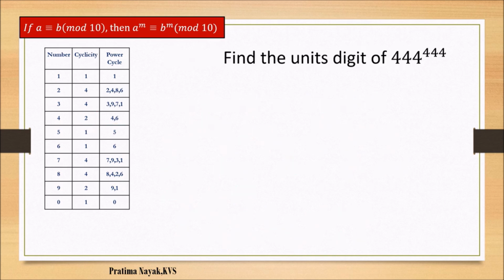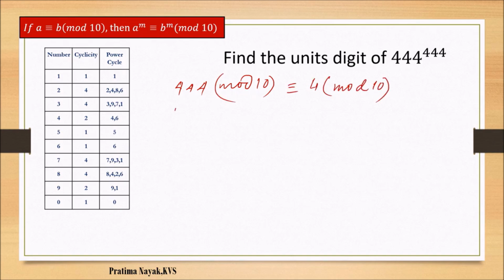Next, find the unit place digit of 444 raised to the power 444. So 444 modulo 10 is congruent to 4 modulo 10. Now 4 to the power 444 is congruent to 4 raised to the power 444 modulo 10.